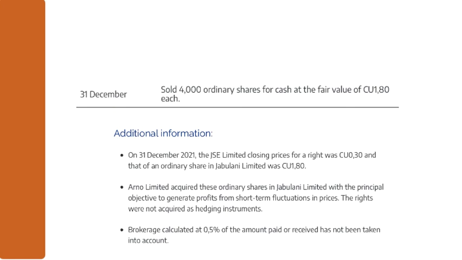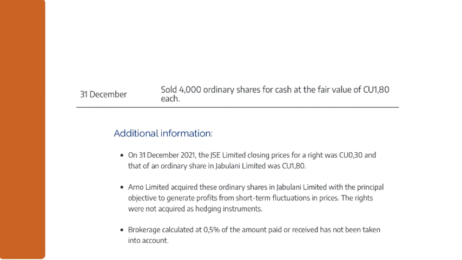What I would like to focus on is the year end. What happens at year end? Well, on the reporting date, 31 December, we need to get the fair value of both our investments, of the shares and of the rights from the JSE Limited, and we need to make sure that we do a fair value adjustment on reporting date so that our investment in shares and our investment in rights at reporting date is measured and presented on the SFP at their fair value.